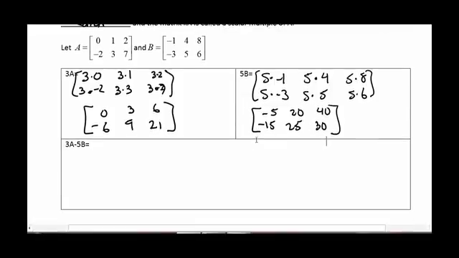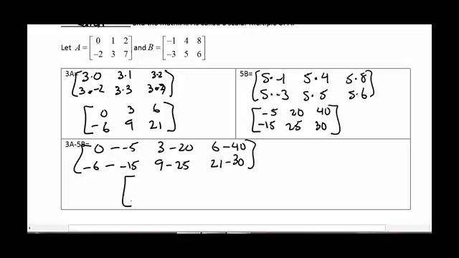And we can also multiply and then subtract. In that case, we multiply first and then subtract the result. So 0 minus -5, 3 minus 20, 6 minus 40, -6 subtract -15, 9 subtract 25, and 21 subtract 30.